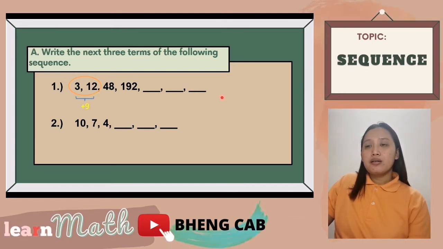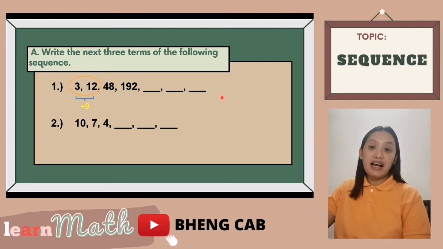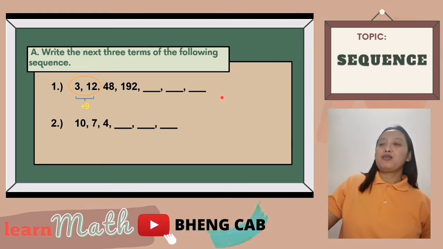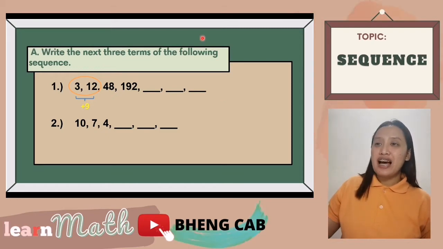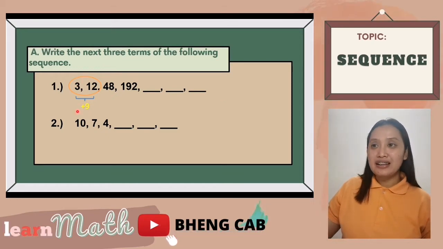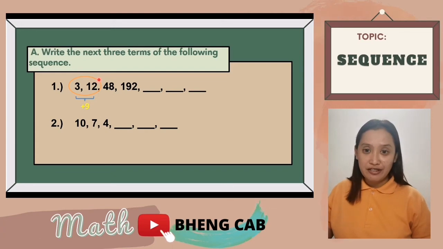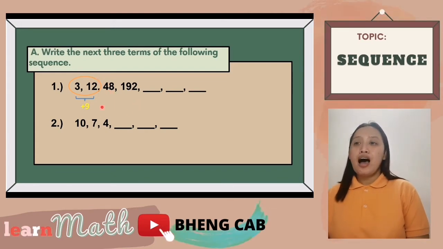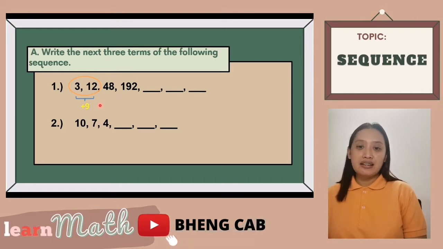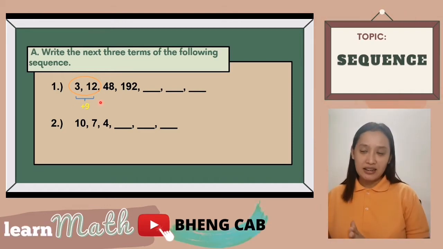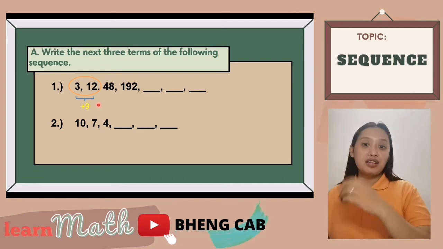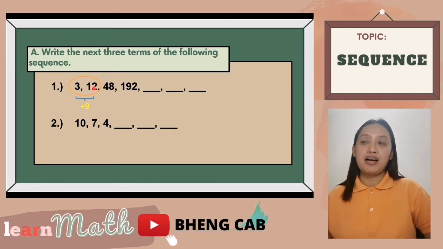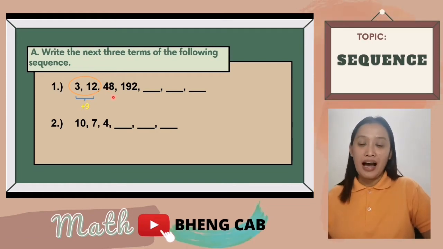Say, pwede tayong nag-add, specifically ay 9 to obtain 12. Yung 3 natin dito, if we try to add 9, then we can have 12. So, in order for us to know na tama ba na ang pattern natin is increases by 9, is to test kung yung plus 9 na yan, i-add natin sa bawat term at makukuha natin yung susunod na term.